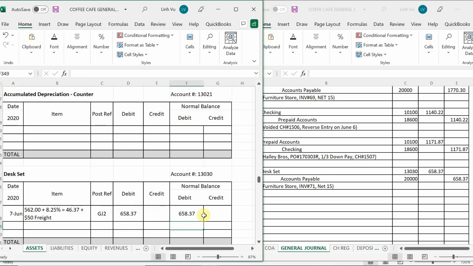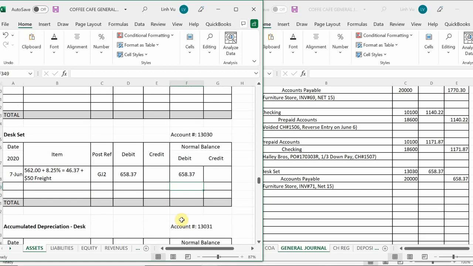So we debited our desk set for the $658.37.